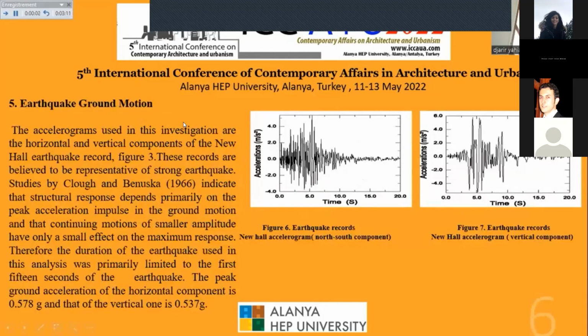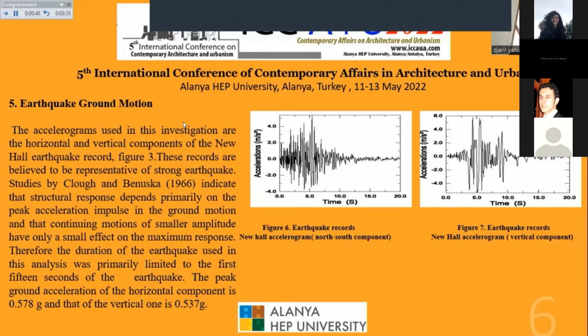5. Earthquake ground motion. The accelerograms used in this investigation are the horizontal and vertical components of the Newhall earthquake record, Figure 3. These records are believed to be representative of strong earthquake. Studies by Clough and Chopra, 1966, indicate that structural response depends primarily on the peak acceleration impulse in the ground motion, and that continuing motions of smaller amplitude have only a small effect on the maximum response.